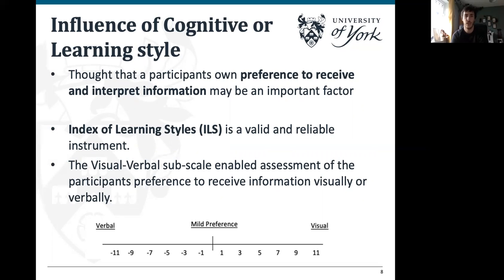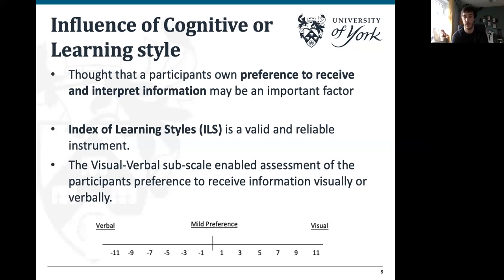So to measure the difference in learning style and preference to receive information, we chose to use the Index of Learning Styles, which has been shown to be a valid and reliable instrument to measure learning style. It has high test-retest correlation scores after periods of between 8 weeks and 4 months. The visual-verbal subscale is one of the 4 subscales and enables the assessment of the participant's preference to receive information visually or verbally.